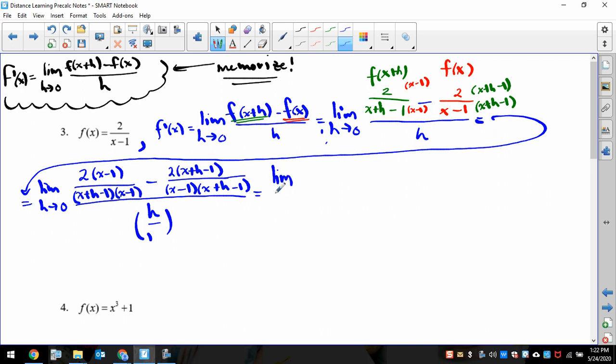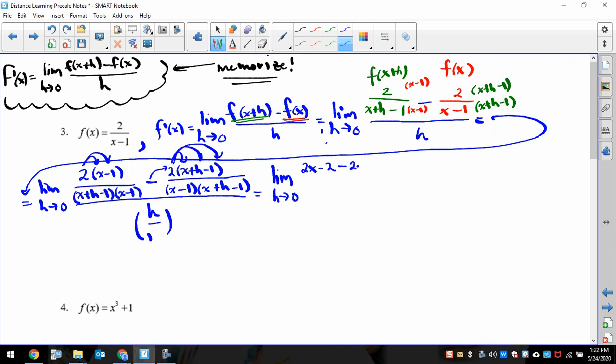So in the next step, let's do two things. We'll get a common denominator between these two. So this is going to be 2x minus 2. I distributed this 2. And then minus, let's distribute this negative 2. It's a negative 2 that I'm distributing to all three of these.